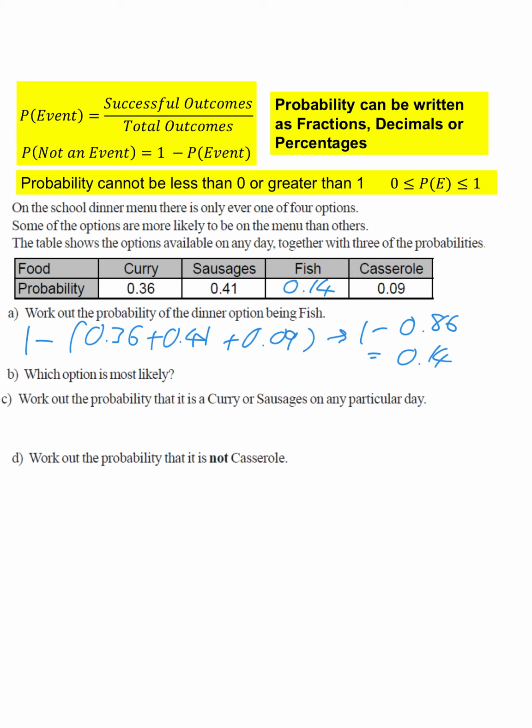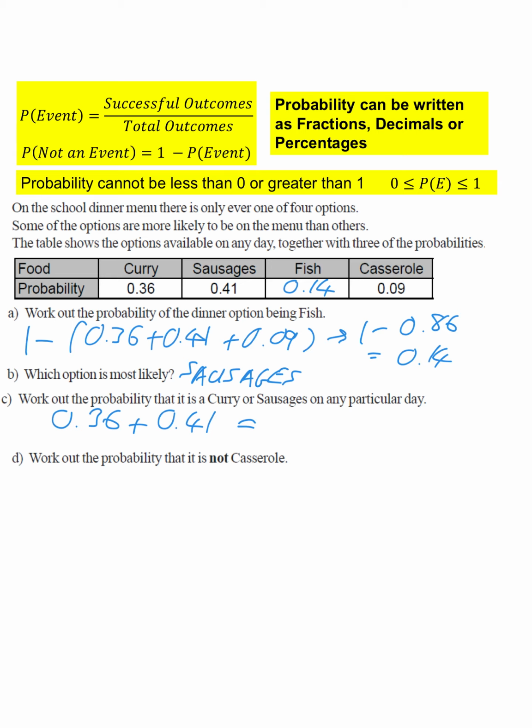Then for B, what option is most likely? So the one that has the highest probability. So we can see that that is sausages. For C then, work out the probability that it is a curry or sausages on any particular day. So the curry is 0.36 plus then sausages, so 0.41.